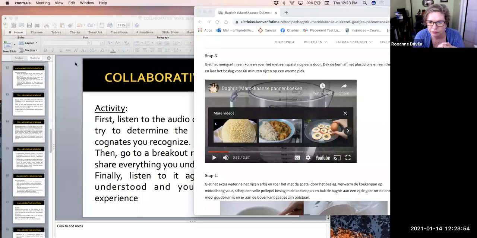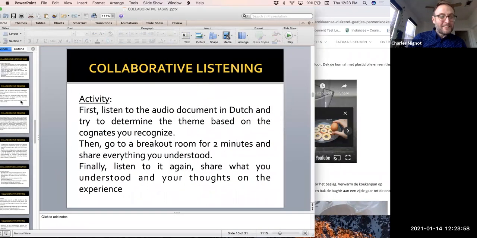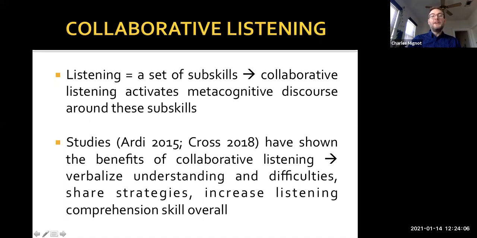And thank you so much for that, because that's basically the main point. Listening is a set of soft skills, and like when you mentioned, Roxanne is, for instance, relying on the format of the document to know what it could mean.